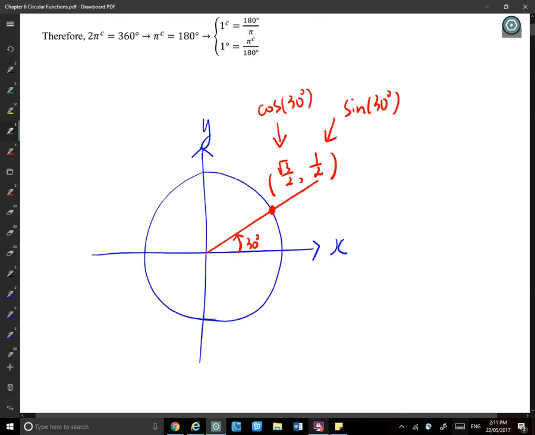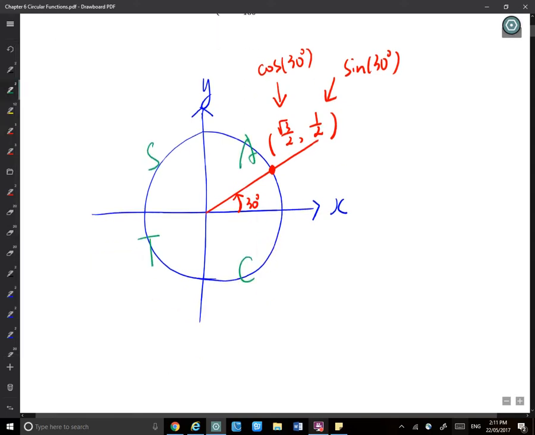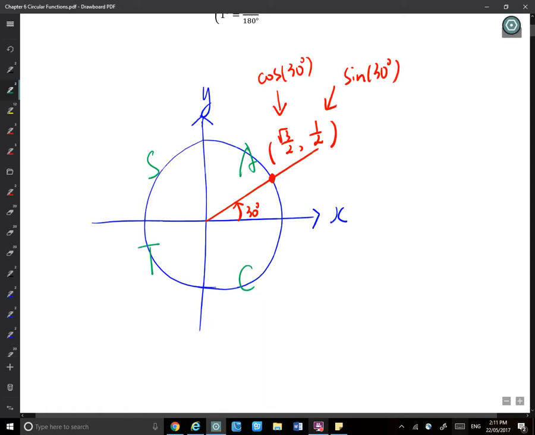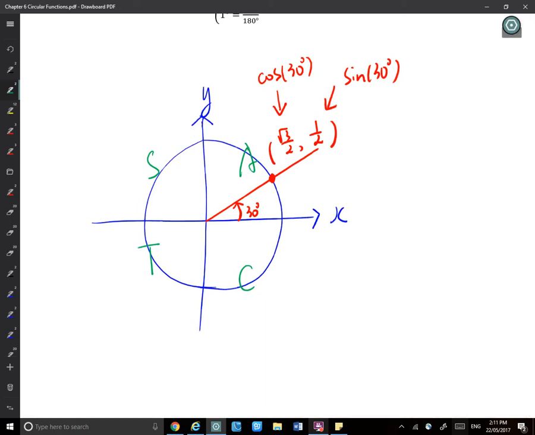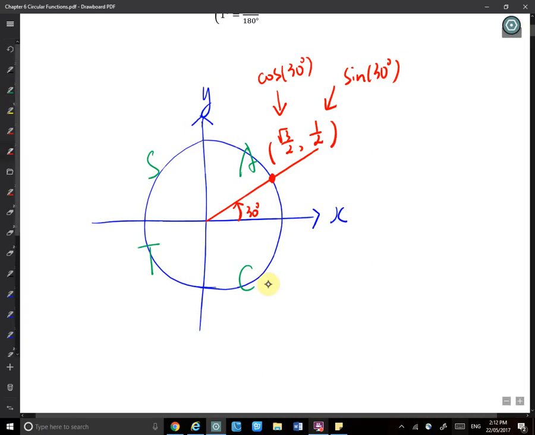Therefore, we have the CAST diagram. Any angle in the first quadrant will have positive sine, positive cosine, and positive tangent. For any angle in the second quadrant, x is negative and y is positive.